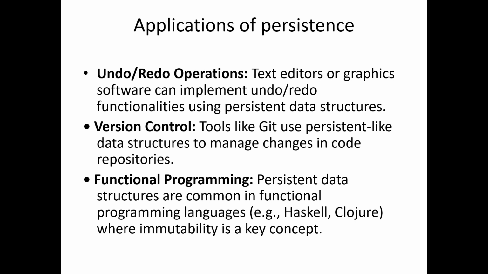Next, applications of persistence. Undo redo operations: text editors or graphic software can implement undo redo functionalities using persistent data structures. Version control: tools like Git and GitHub use persistent data structures to manage changes in code repositories.